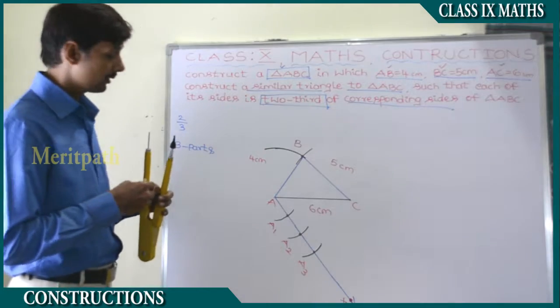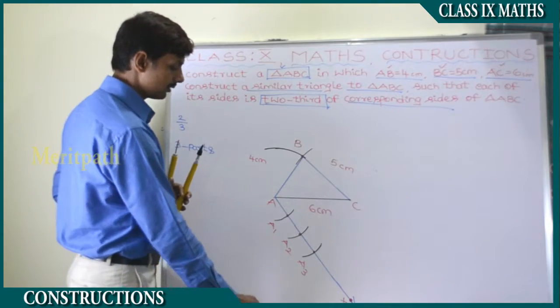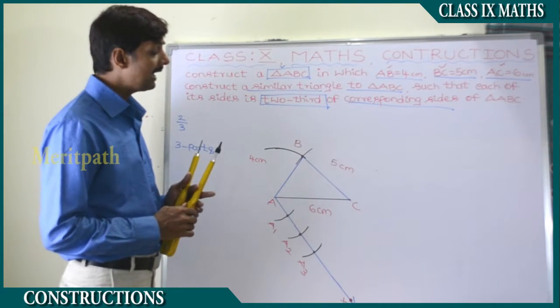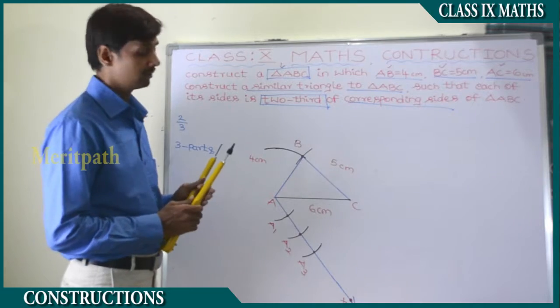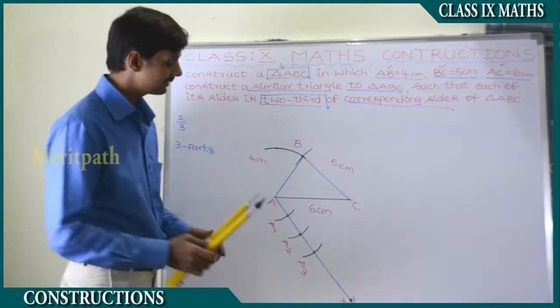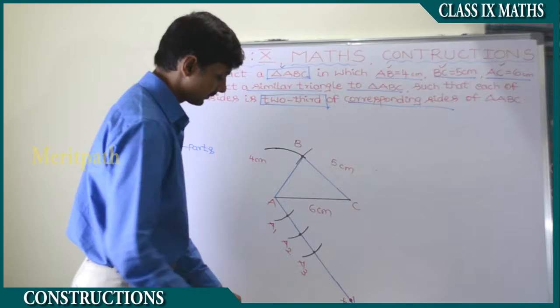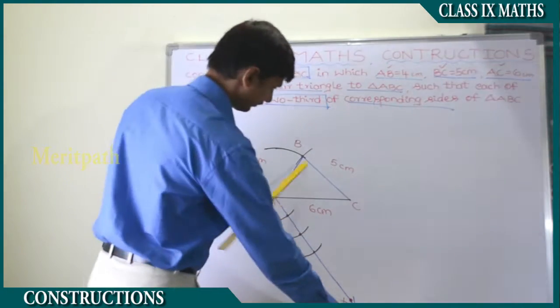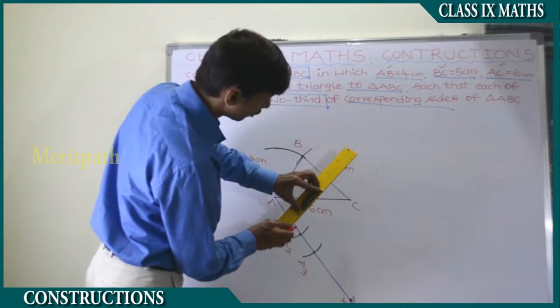And to draw a similar triangle, let's join A3 and C using the ruler.